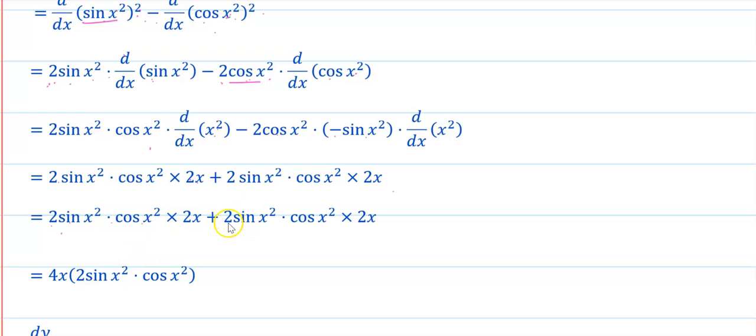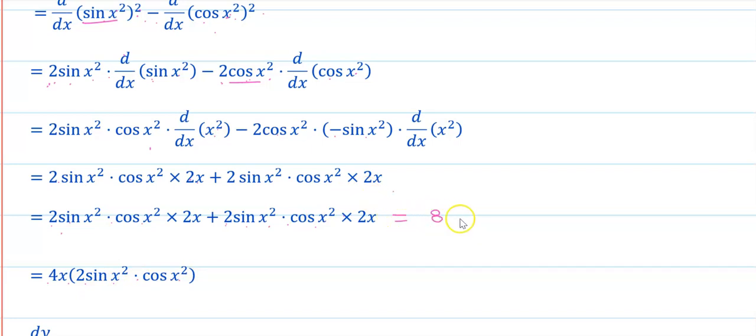Next, again 2 into 2, 4x. Okay, that will become again 4x sin of x square into cos of x square. This 4 and 4 will become 8, and that 8x can be written as 4x in bracket 2 times sin of x square into cos of x square. Okay, it's simple.